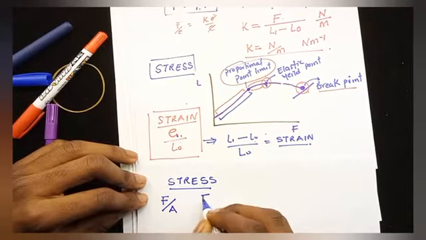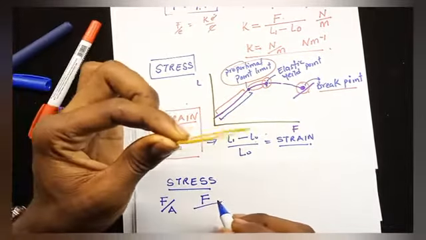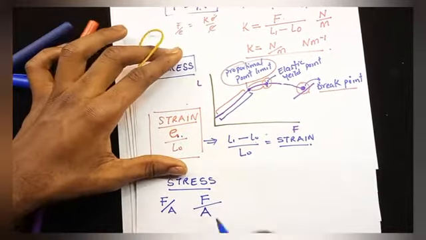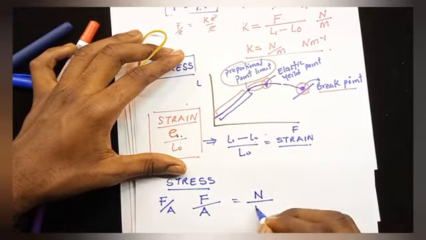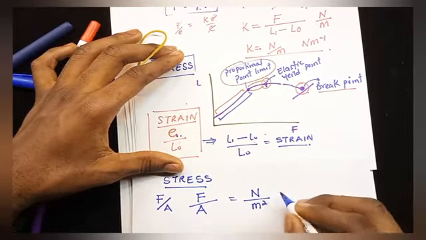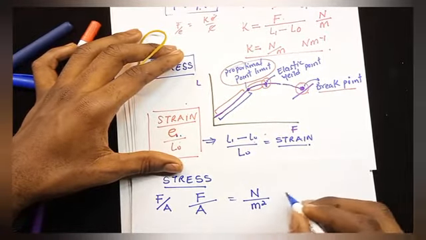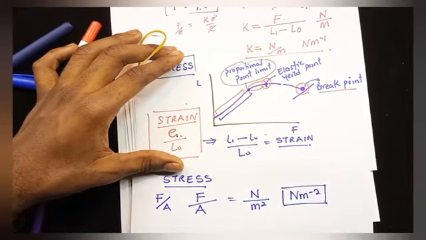The force that I've applied to my material divided by the cross-sectional area of my rubber band is regarded as stress. The unit of force is Newtons. The unit of area is meter square. So the unit of stress is Newton per meter square, or Newton meter square inverse. All right, so that is stress.